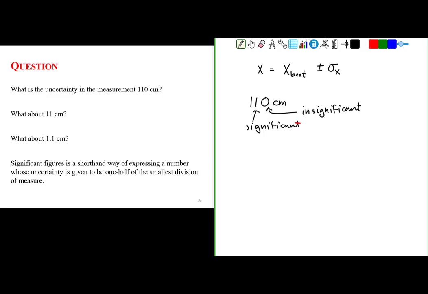In looking at 110 centimeters, then, we are going to go to the place of the first significant digit. So the place of that first significant digit, which is the 1, is the tens place.